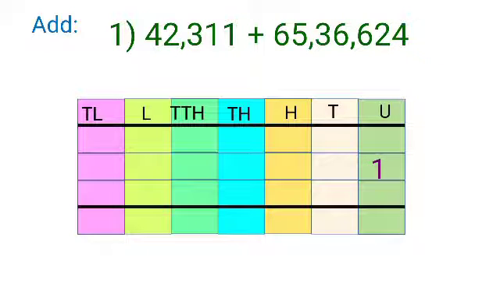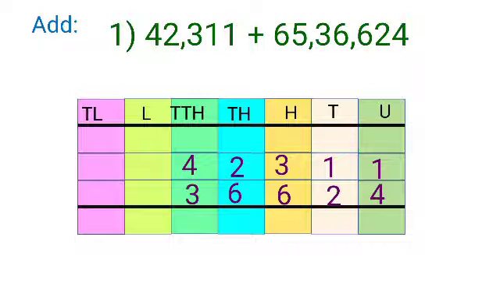First number, the unit is 1, then 3, then 2, then 4. Similarly for the next one, unit is 4, tens is 2, 100 is 6, 1000 is 6, 10,000 is 3, then 5, then 6.